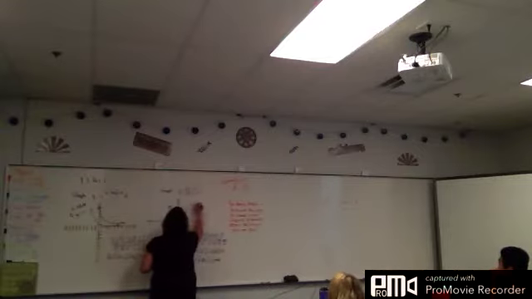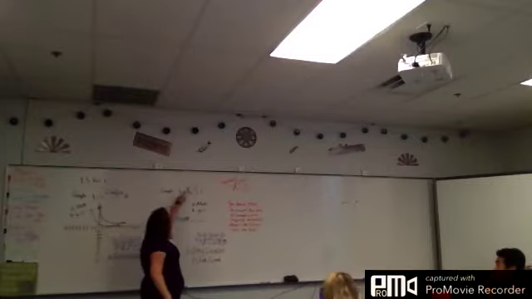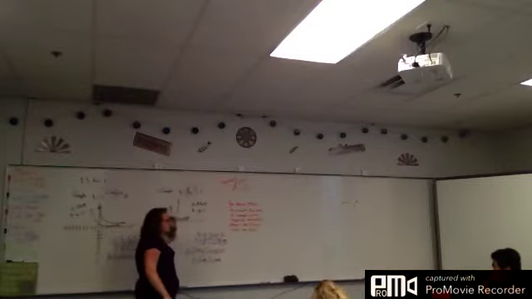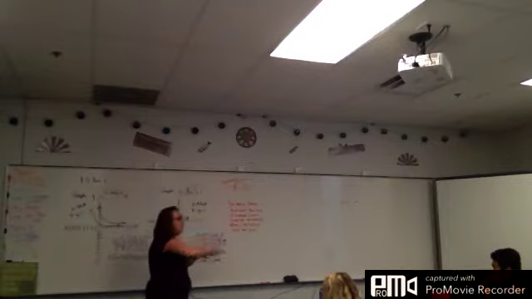Domain, range, y is greater than 1. Good. So when it's minus, then it'd be y is less than 1. If there's a minus in front of here, anytime it leads with a minus, it's flipping it over the x-axis, okay?